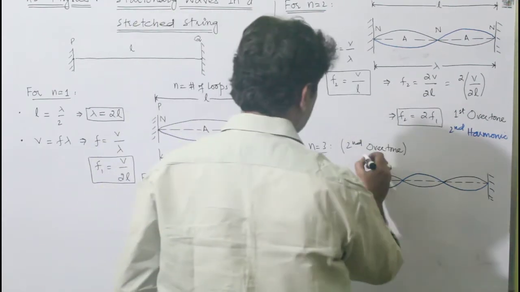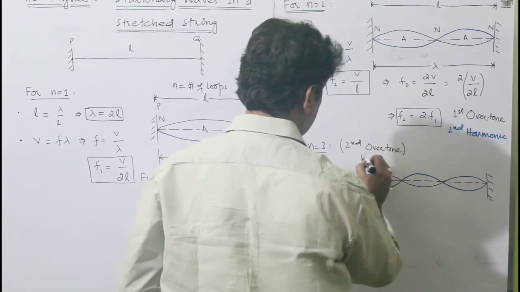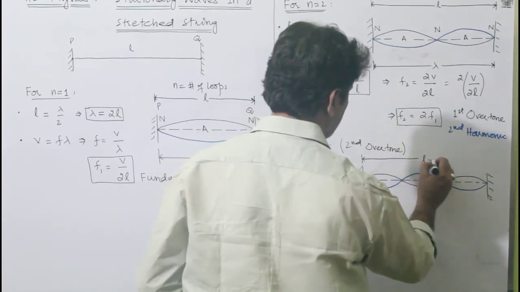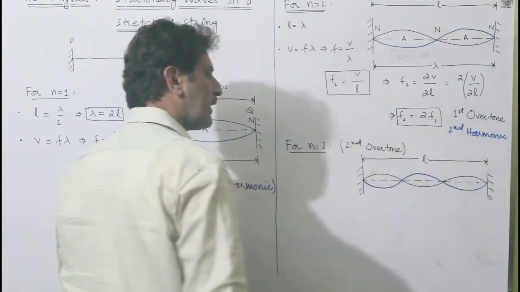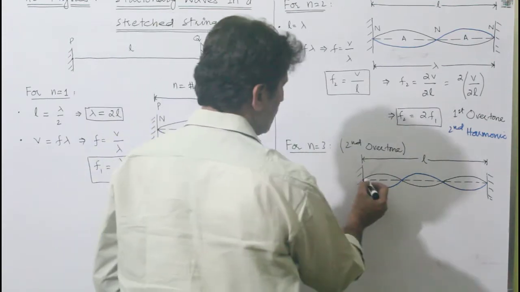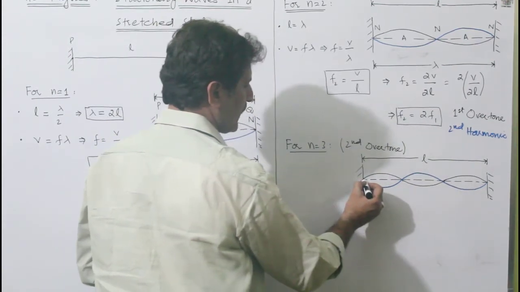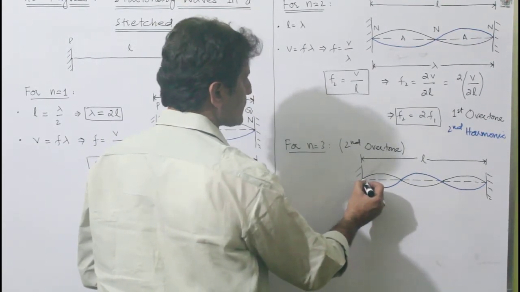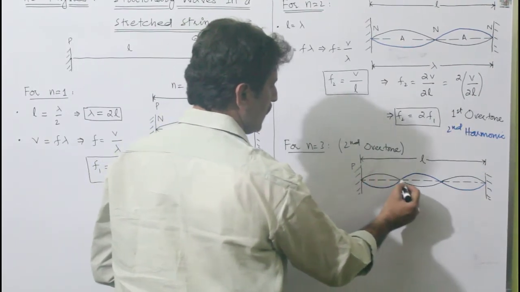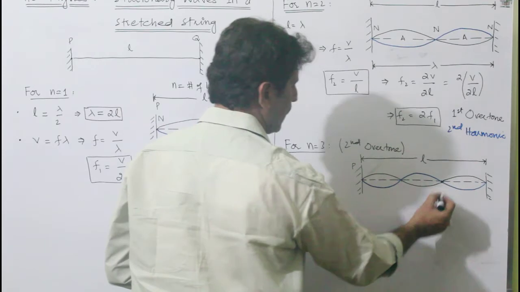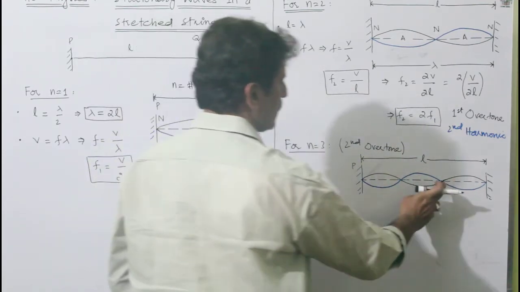Now we can observe the complete length of the loop is converted into 1/2 of the wavelength. That means if we start from here, from the left side fixed point, that is the point P, it is one wave up to the third node.